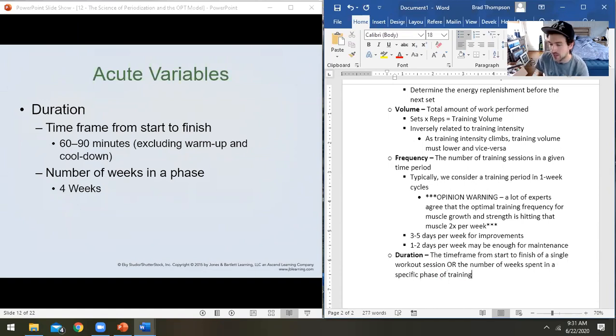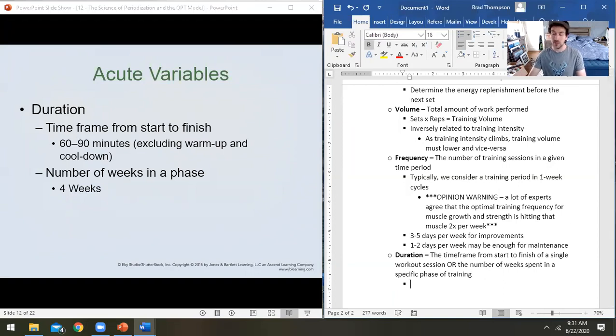It can be however long your workout is, 45 minutes, 60 minutes, 90 minutes, whatever, or are you in phase 1 for 1 week, 2 weeks, 3 weeks, 4 weeks, 6 weeks, whatever. Both of those are examples.